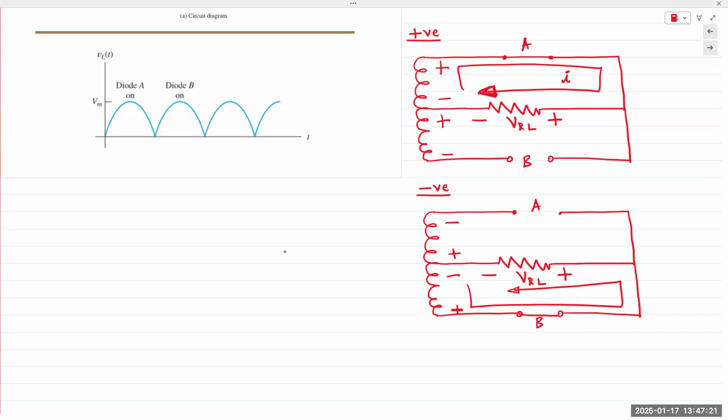Plus on the left, minus on the right. So in both the positive and negative half cycles, each diode is behaving like a half wave rectifier and is responsible for half the cycle, or rectifying half the cycle. So the other half cycle is not being wasted, energy is not being wasted. It's more efficient.